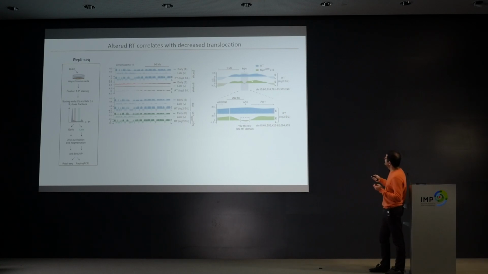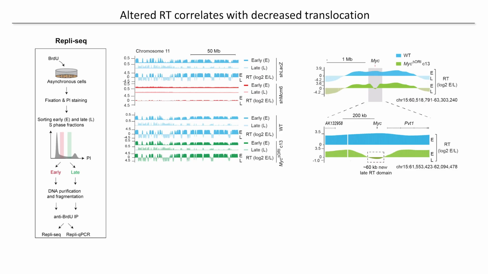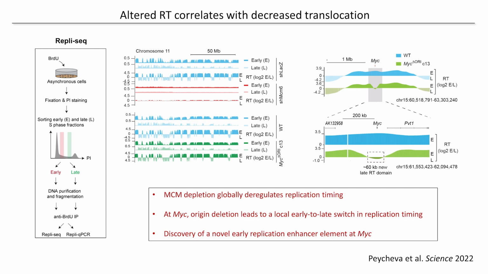But if you look at MYC itself, a very remarkable thing is seen. MYC is normally early replicating. It's part of a very large, more than 1 megabase pair early replicating domain. But when we delete that origin of replication, a new domain is created, which is easier to appreciate in the zoomed-in view. You see a late replicating domain of approximately 60 kilobases, centered at MYC, leading to certain important conclusions.